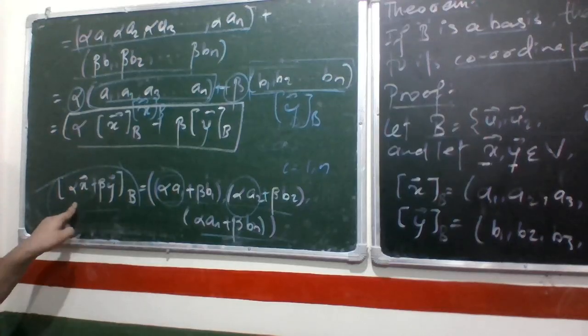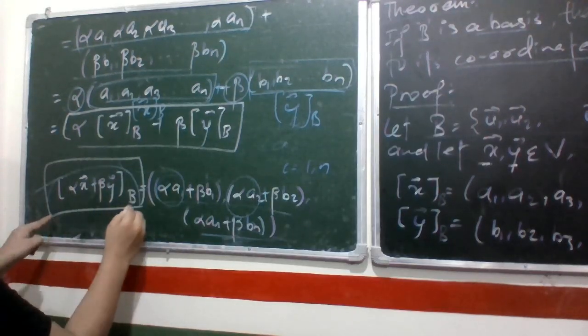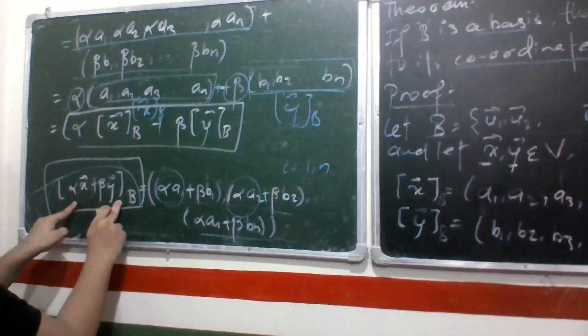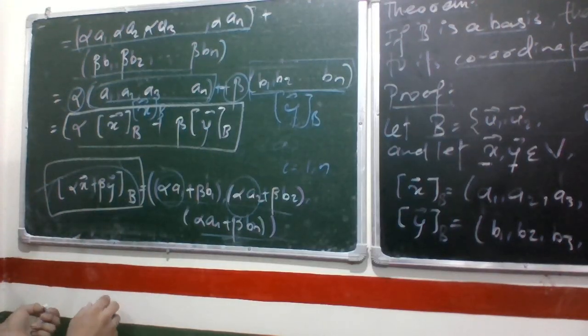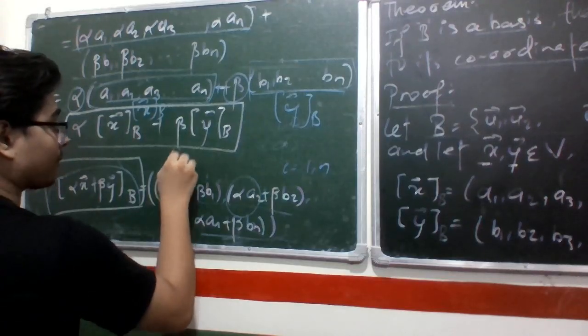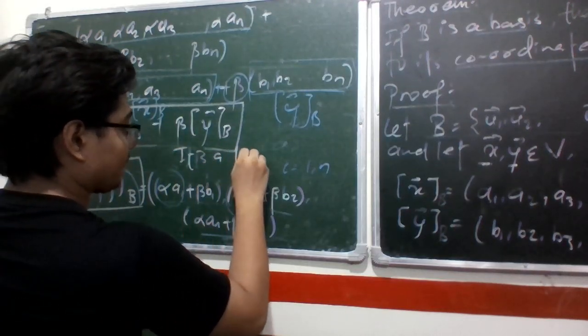Now since we had previously shown this, and this forms the linear combination, that's why it is a linear mapping.